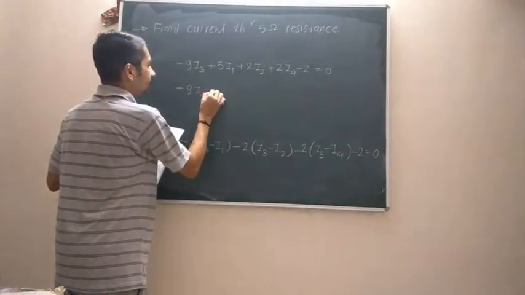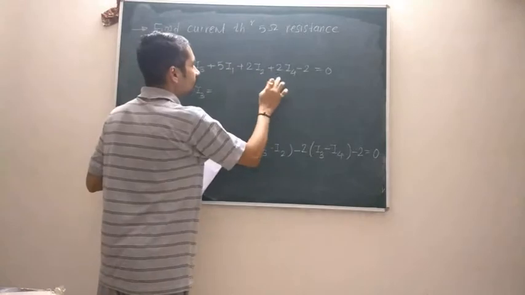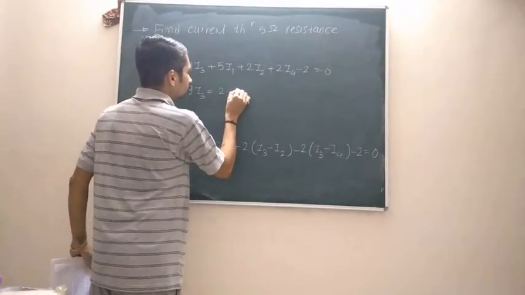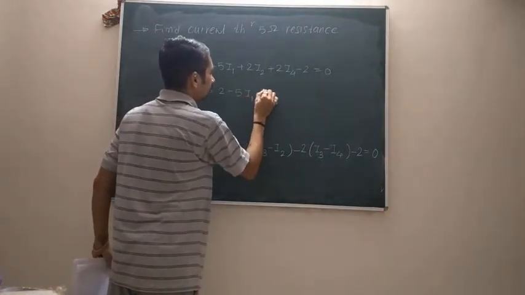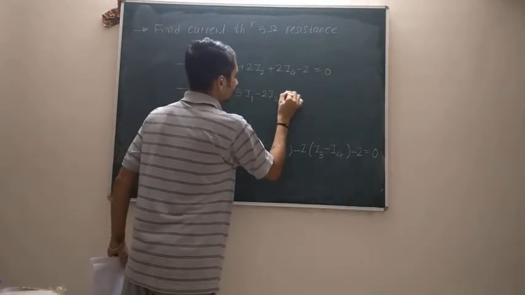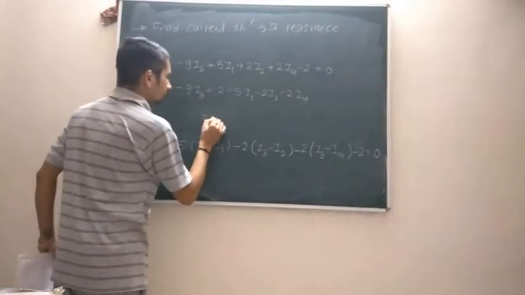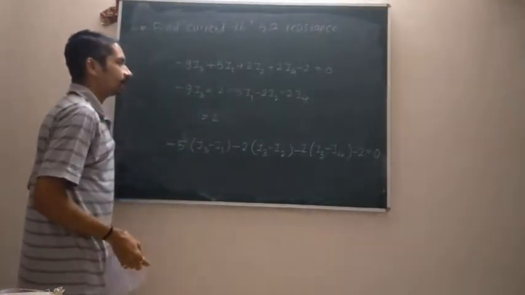Minus 9I3 will be equal to, all these terms I will transfer to the right hand side. So that will be 2 minus 5I1 minus 2I2 minus 2I4. Now I will substitute the values of I1, I2 and I4.